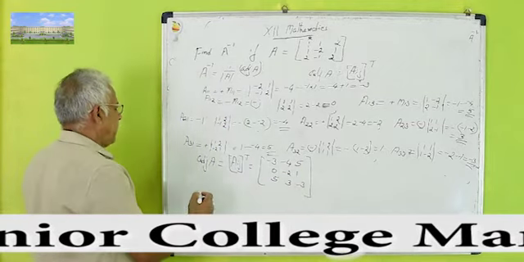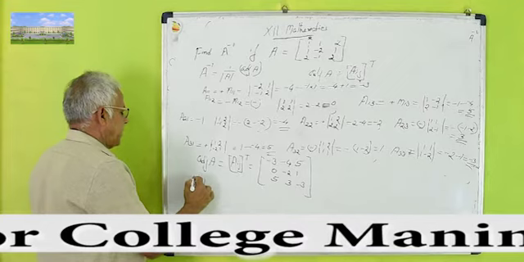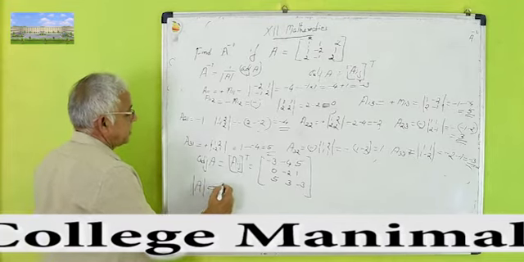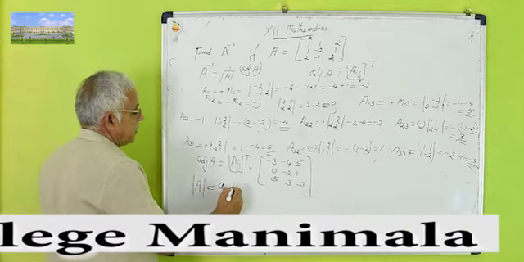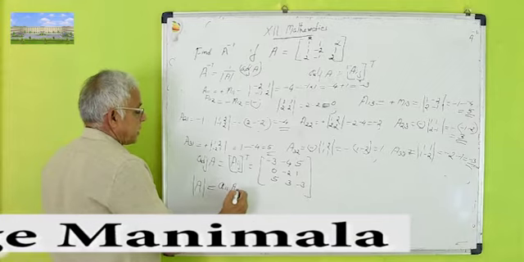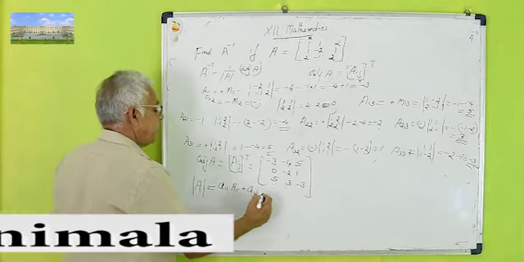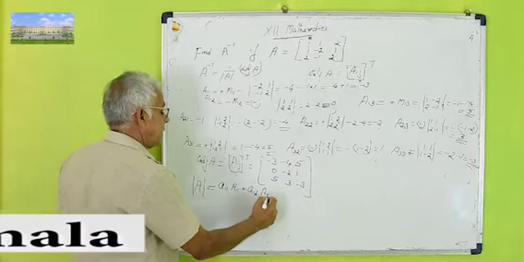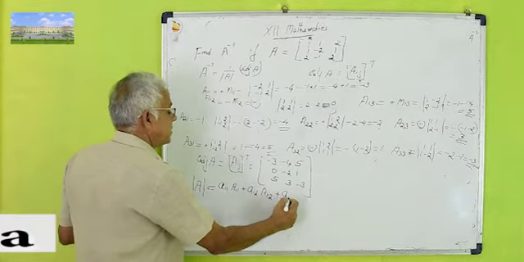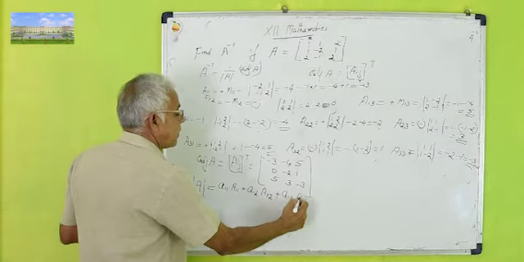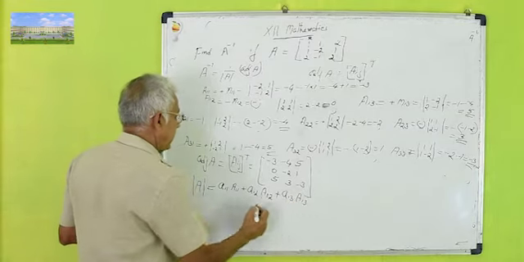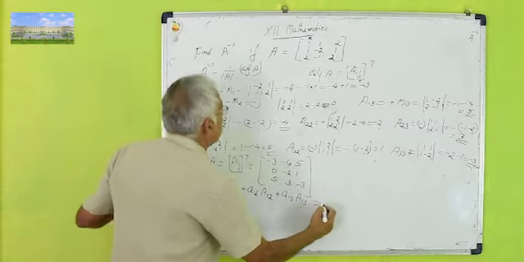Then find the determinant of A. Determinant of A is equal to A11 into the cofactor of the element A11, plus A12 into the cofactor of A12, plus A13 into the cofactor of that element A13.